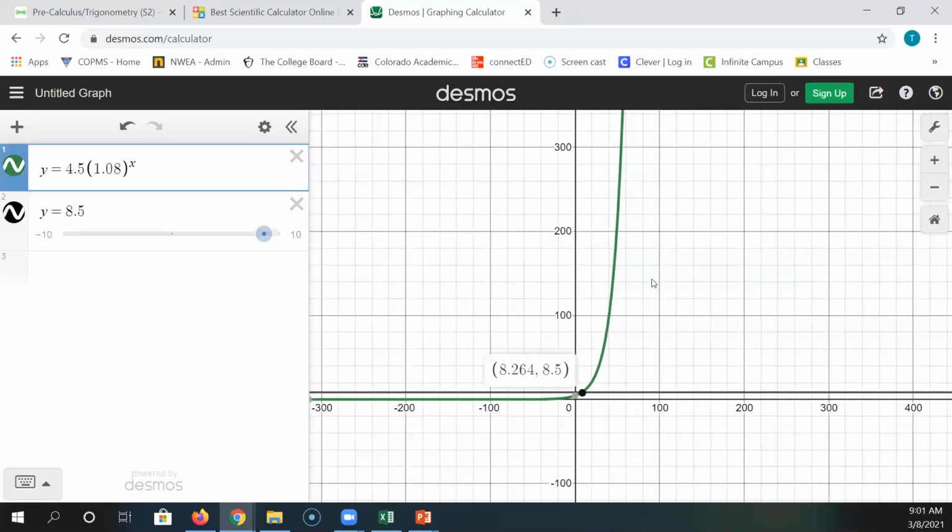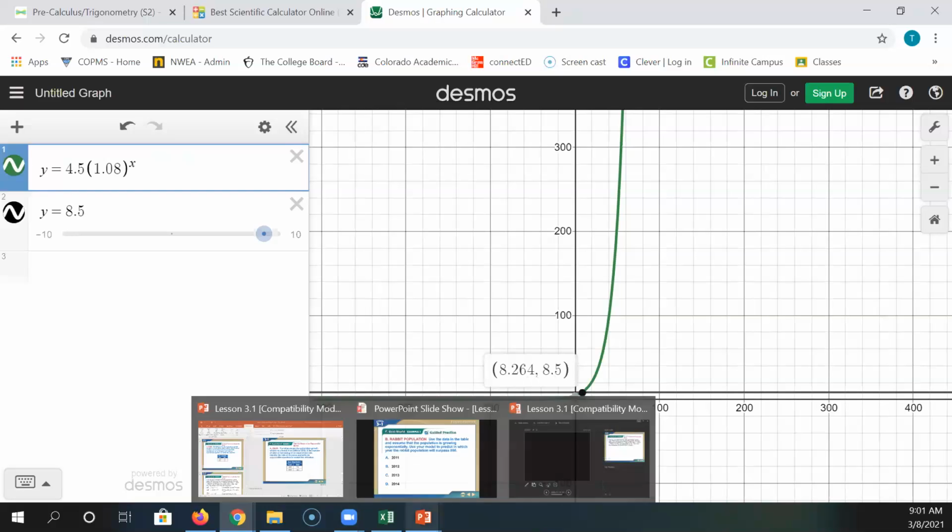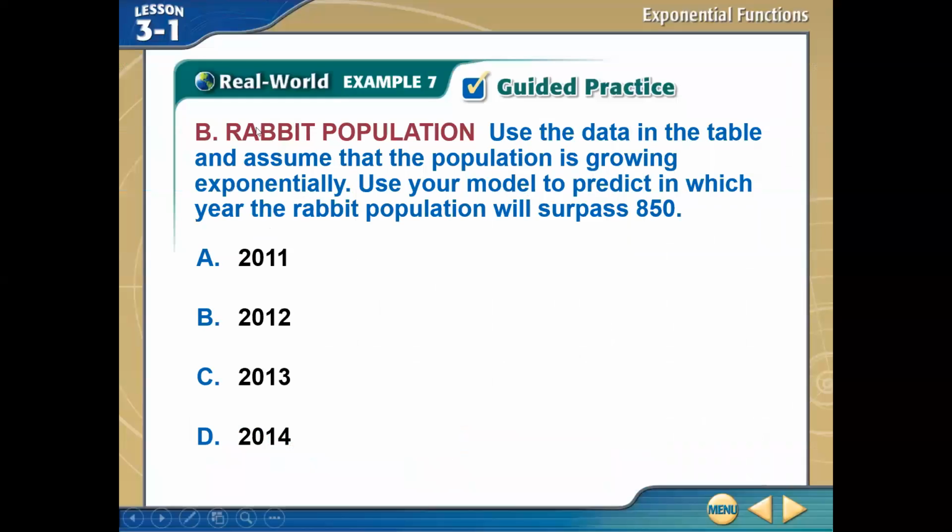See, my intersection is at 8.26485, so that's roughly at 8 years. So approximately 8 years, and it began in 2005, so 2013.